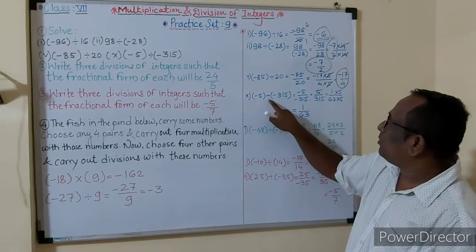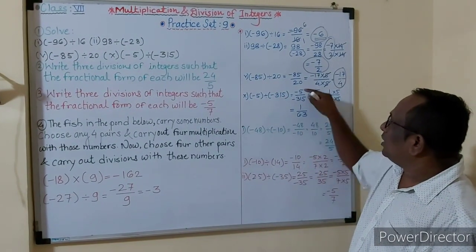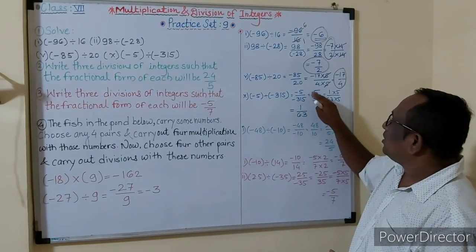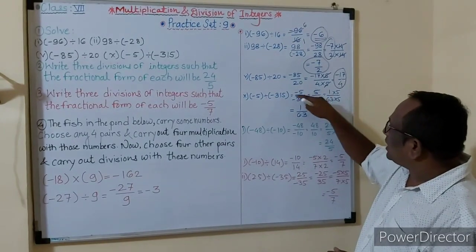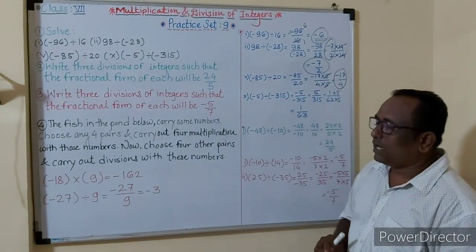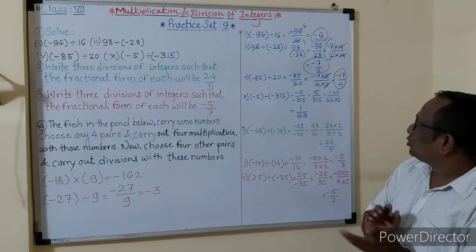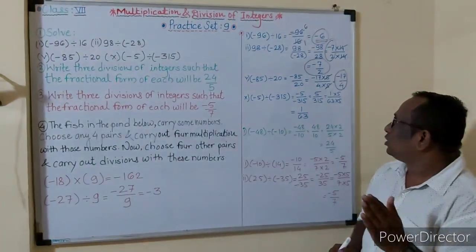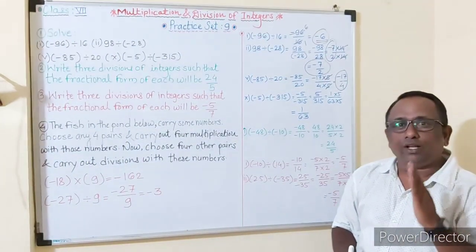Now minus 5 divided by minus 315. We have to write here, both are minus signs, so we got positive, so let's cut the signs. So here 5 upon 315. Now students, we have to choose a number that is divisible to this 5 as well as 315.